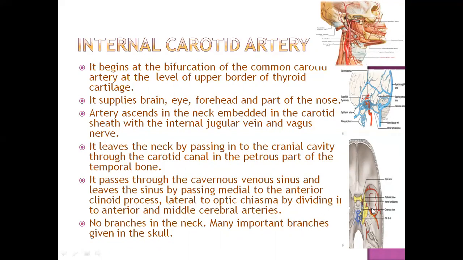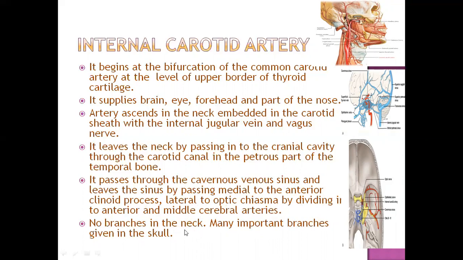The artery is medial to the anterior clinoid process and lateral to the optic chiasma. So this is the optic chiasma. It leaves the sinus medial to the anterior clinoid process and lateral to the optic chiasma, dividing into the anterior and middle cerebral arteries.